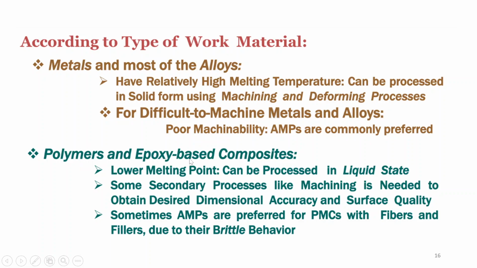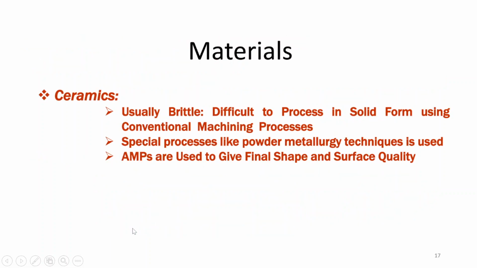Polymers and epoxy based composites have lower melting point, so they can be processed in liquid state. Some secondary processes like machining are needed to obtain desired dimensional accuracy and surface quality. Sometimes AMPs are preferred for PMCs, which are polymer matrix composites with fibers and fillers, due to their brittle behavior.